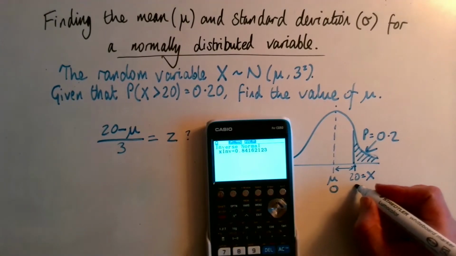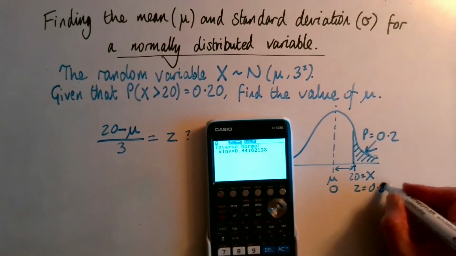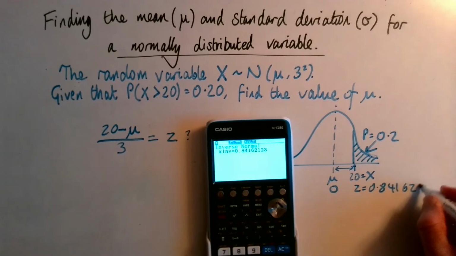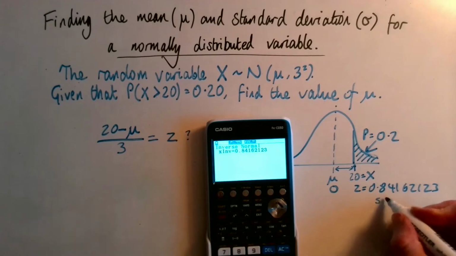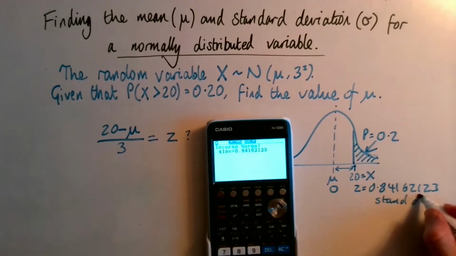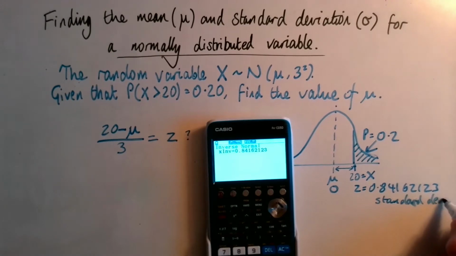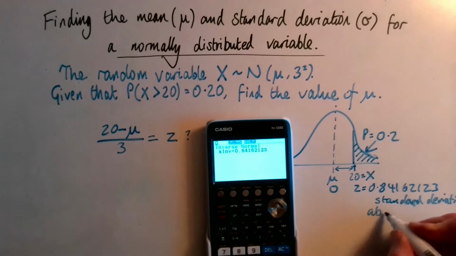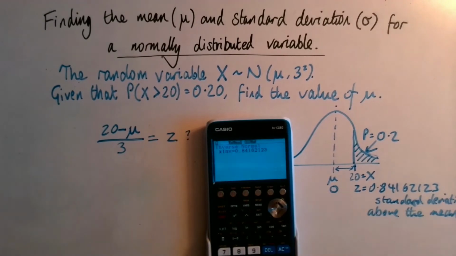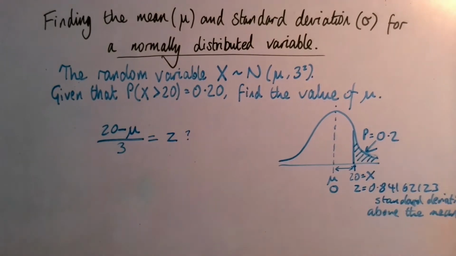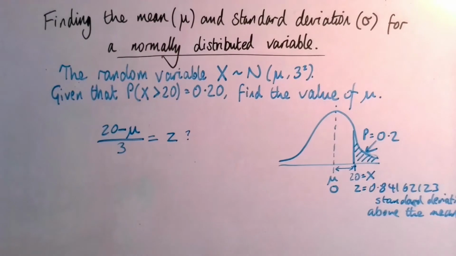So my z value is 0.8416212, and what that means is it is that many standard deviations above the mean.